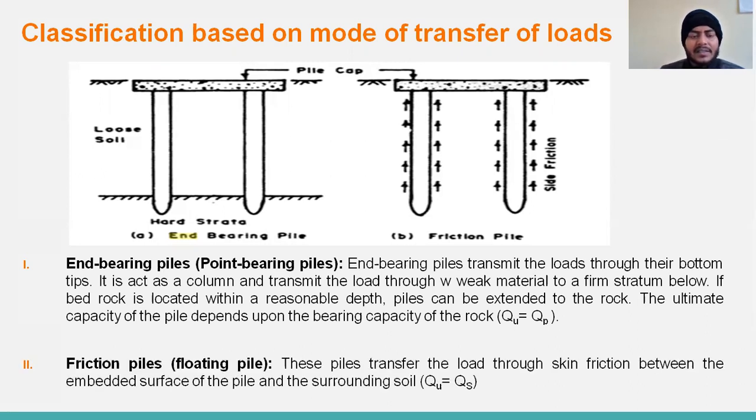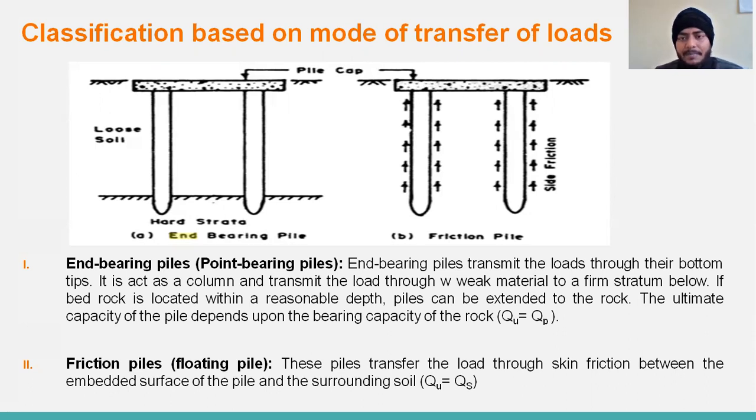The second is the friction pile, which we also call a floating pile. In this case the hard strata is at a greater depth and the soil condition is dense. Whatever load comes on the pile will be resisted by the skin friction.